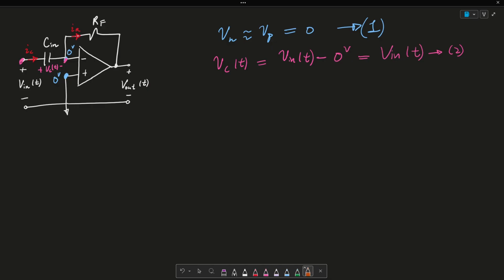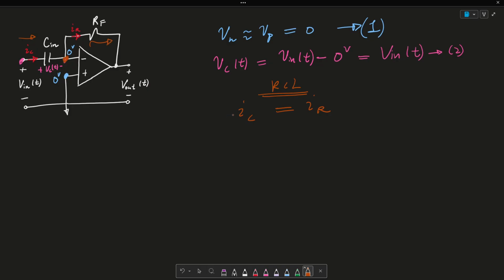Now I'm going to write a KCL, or Kirchhoff's current law, that says the current coming into the node here, V negative, IC, has to equal IR. The current going into here has to equal the current coming out of there. So what is IC?